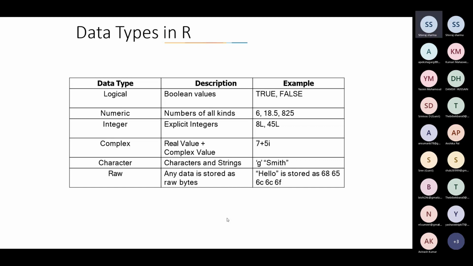And finally raw, which means any data stored as raw bytes. Complex means a combination of character, complex, integer, like that. So these are the data types in R.